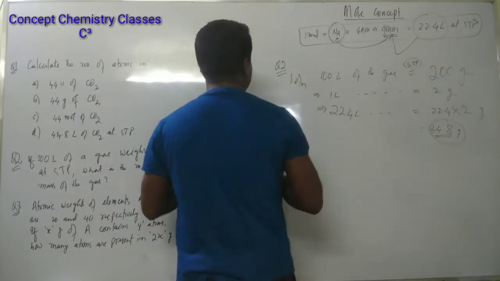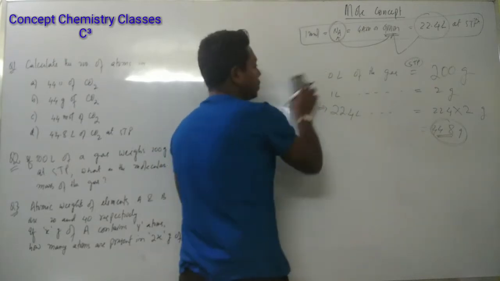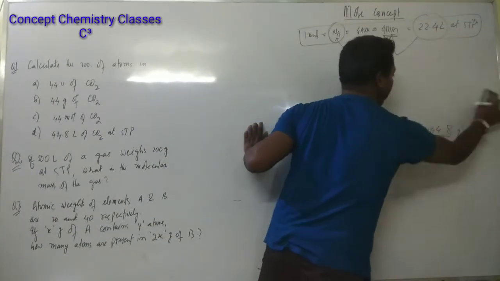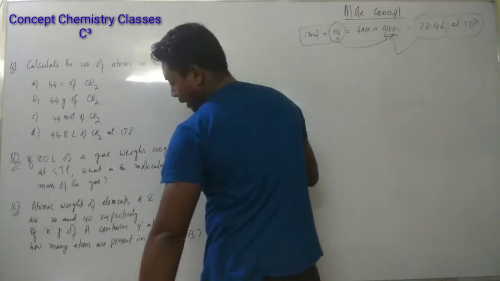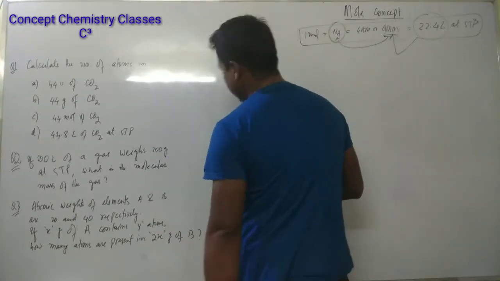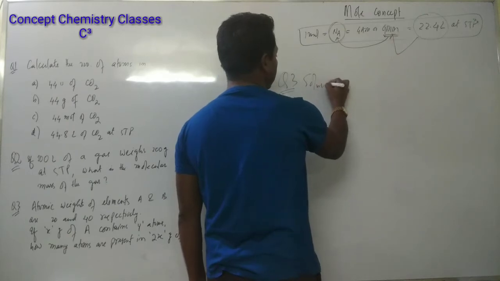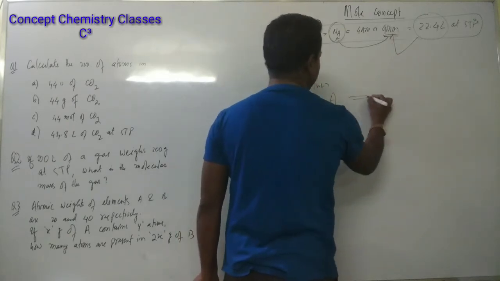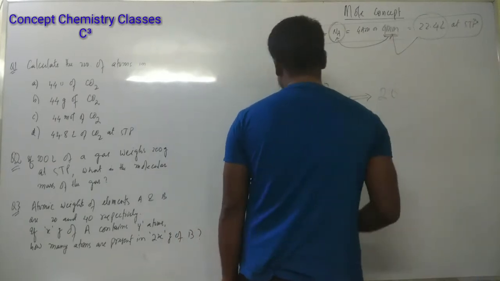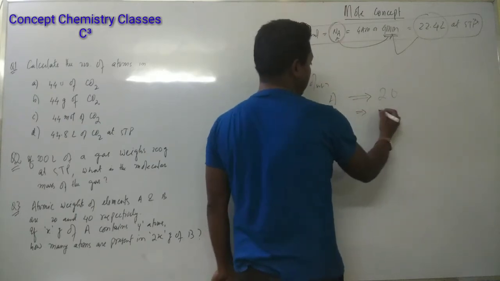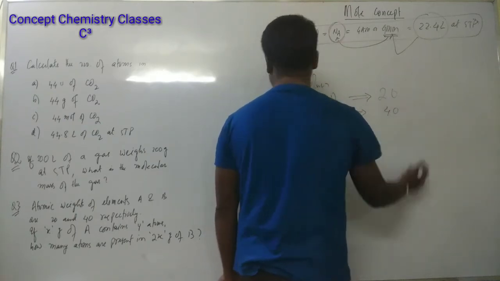Now let us go to the third question. Question number 3. Solution. A has an atomic weight of 20. B has an atomic weight of 40.